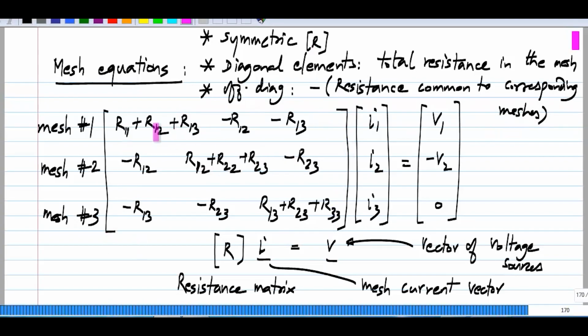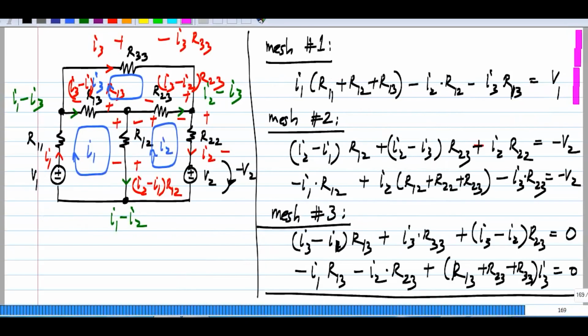So now you can by matrix inversion solve for the unknown mesh currents I, and from those currents you can get the individual branch currents. For instance, we have already identified that the current through R11 is I1, R22 is I2, and R33 is I3. Similarly, the current through R13 is I1 minus I3, R12 is I1 minus I2, and R23 is I2 minus I3.